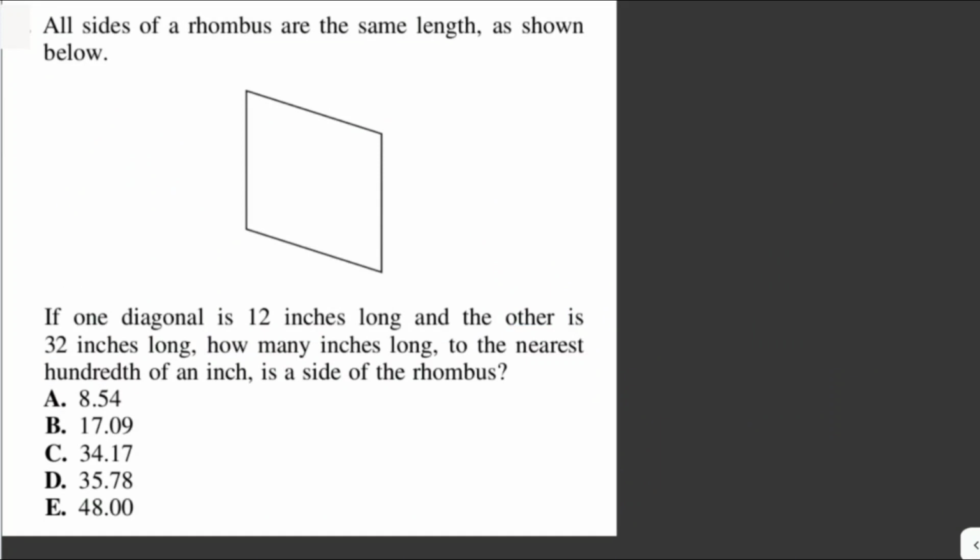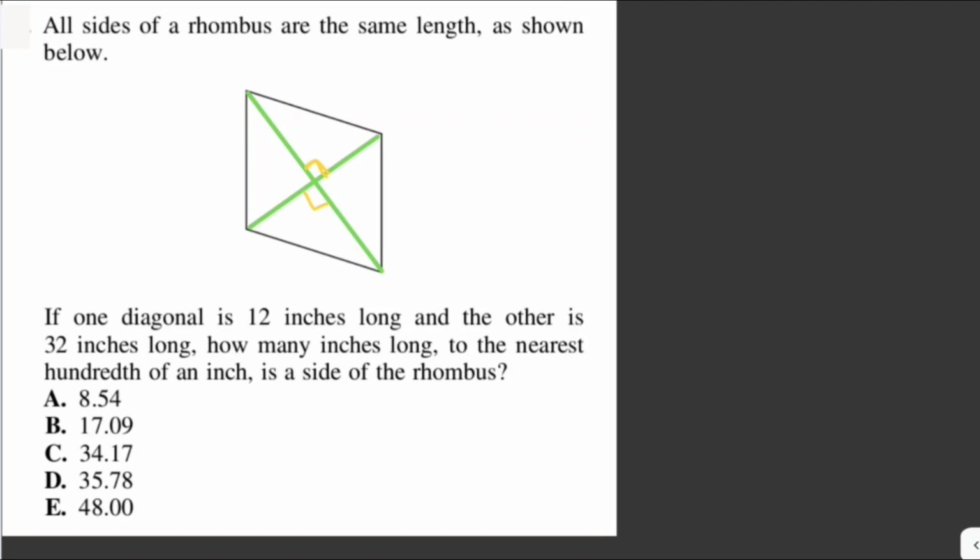All sides of a rhombus are the same length as shown below. If one diagonal is 12 inches long and the other is 32 inches long, how many inches long to the nearest hundredth of an inch is a side of the rhombus? So let's take a look at the illustration here, the figure, the rhombus.